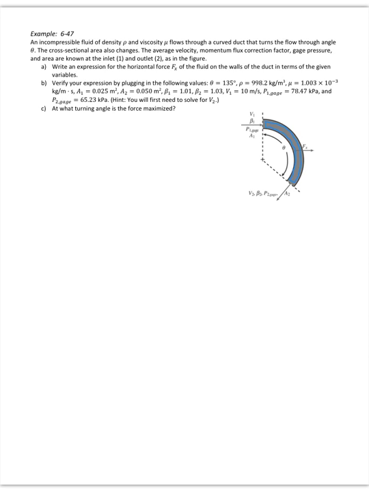So once I define my control volume, I'm going to write my conservation of linear momentum equation, which says the sum of forces in the x direction on the control volume equal the sum of momentum out, beta m dot v x, minus sum in beta m dot v x.